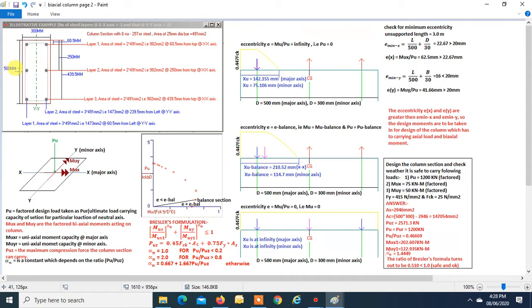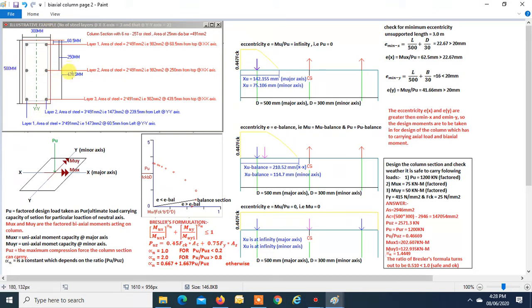About the major axis, there are three layers of steel: one, two, and three. There are six 25 mm diameter longitudinal bars in this column. About the minor axis, there are two layers of steel, that is one and two. We can see about the major axis.